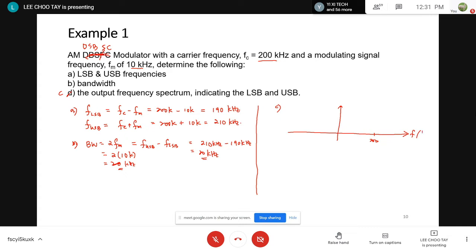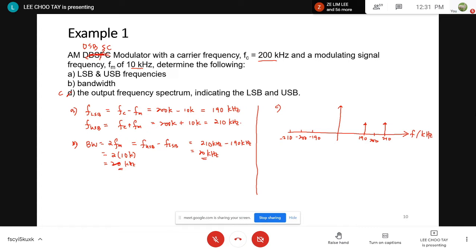This is frequency in kilohertz. So I have 200, I have minus 200, and I have 190. This is 190, not to scale. 210. This is minus 190. This is minus 210.